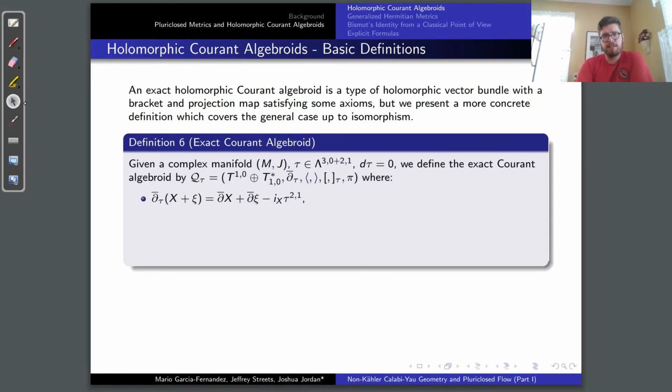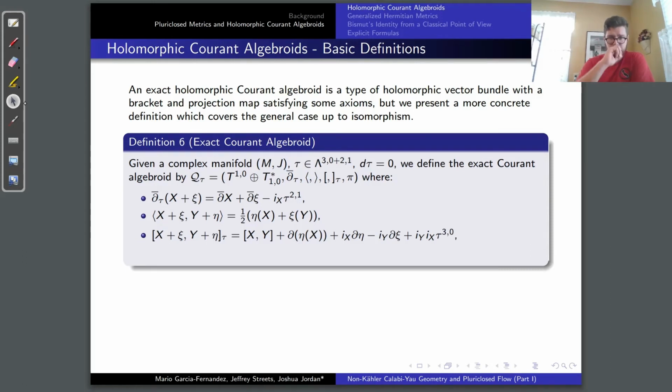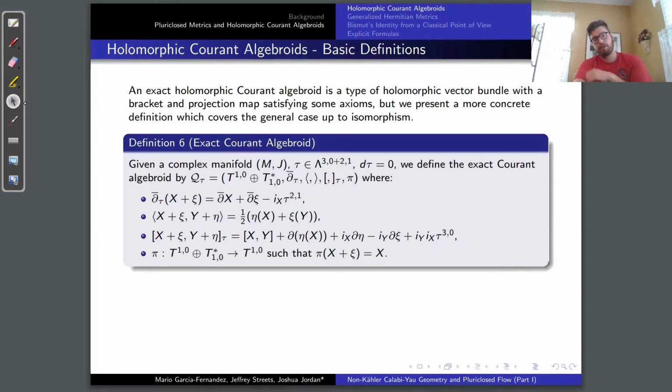The del bar is defined this way, right? We just hook X in to the (2,1) part of tau. The neutral inner product is just exactly what you would expect it to be. The bracket is the Lie bracket up to some extra terms. And then this pi is called the anchor map. Something to notice is that this is technically not a Hermitian bundle.